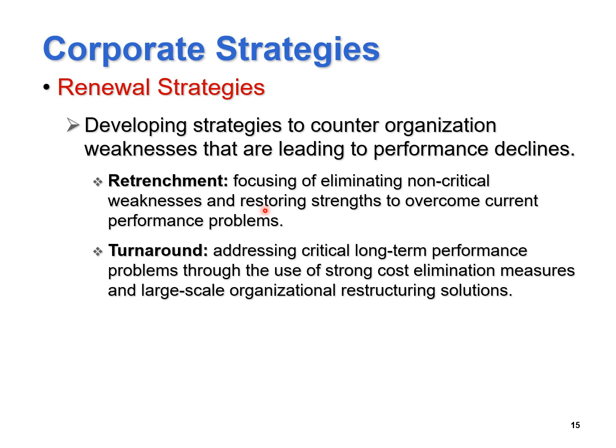Then turnaround, addressing critical long-term performance problems through the use of strong cost elimination measures and large-scale organizational restructuring solutions. Here we can see that the organization tries to address critical long-term performance problems.